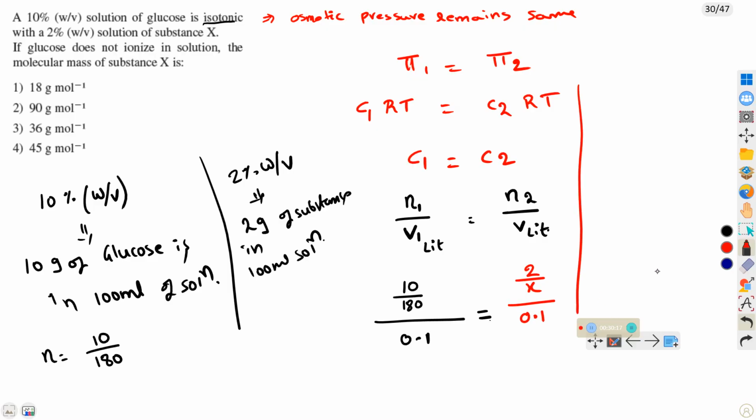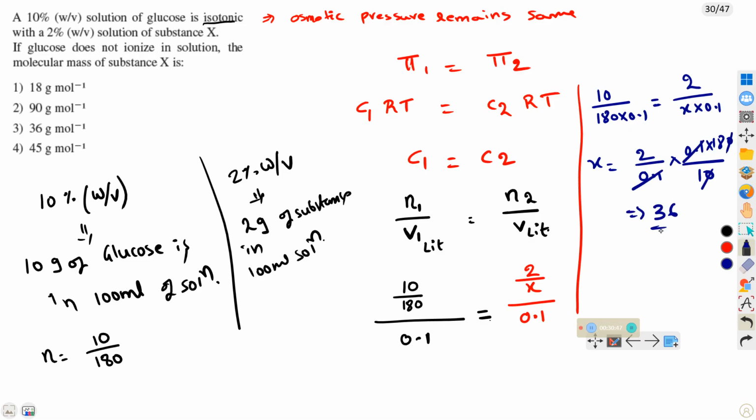Now simplify. 10 by 180 into 0.1 is equal to 2 by x into 0.1. x is equal to 2 by 0.1 into 0.1 into 180 by 10. The 0.1s get cancelled, zeros cancelled. 36 gram per mole. Third option correct.